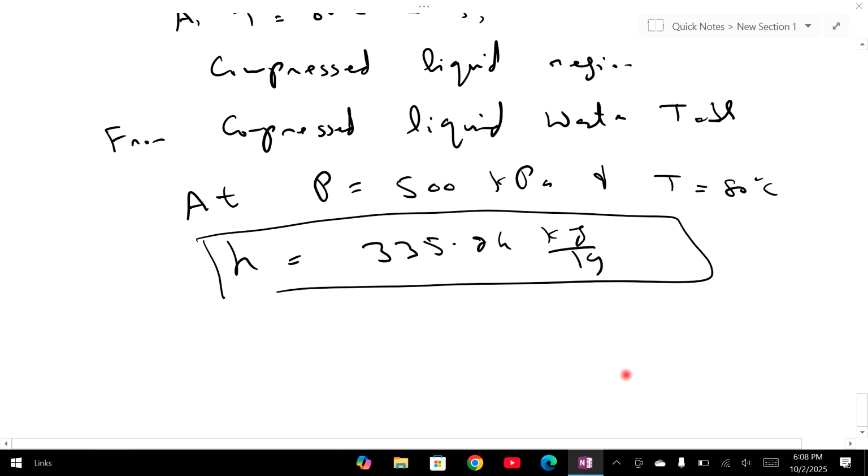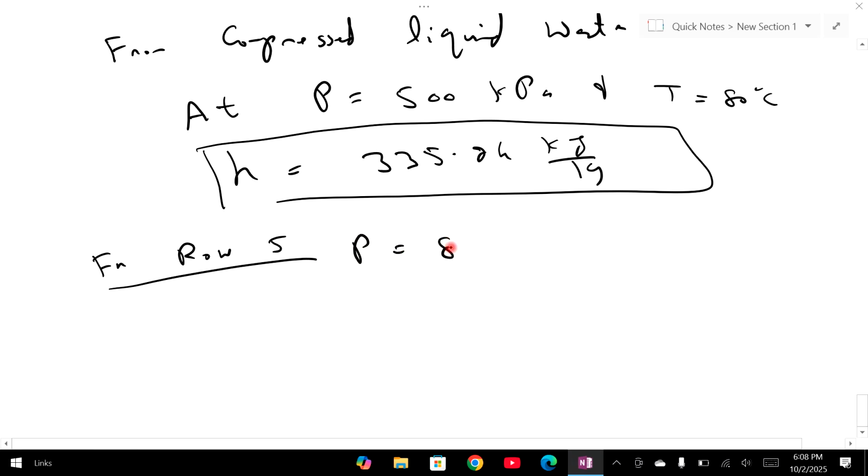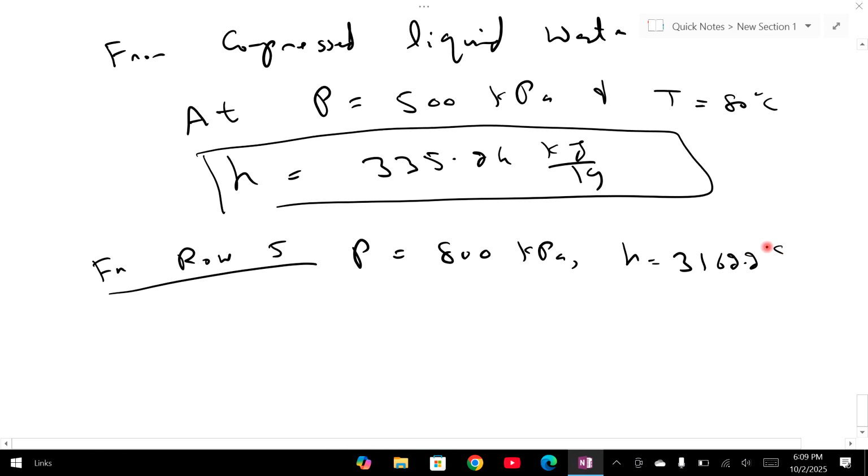For row number 5, pressure is given to us as 800 kilopascal and enthalpy is given to us as 3162.2 kilojoule per kg.